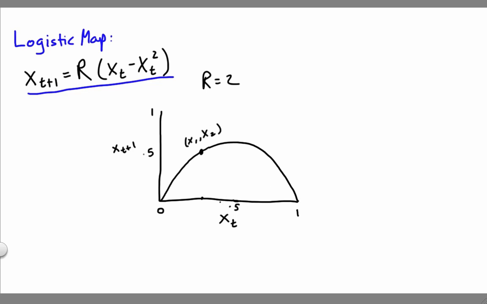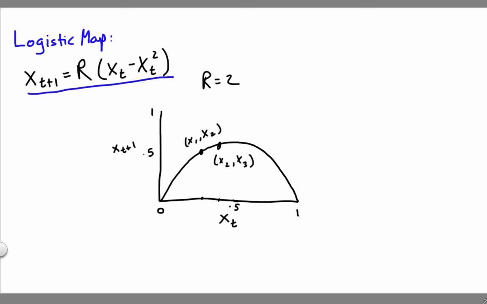So 0.4352 down here is around here, and that corresponds up to this point on the parabola. That's x3, 0.49160192. This point here is x2, x3.